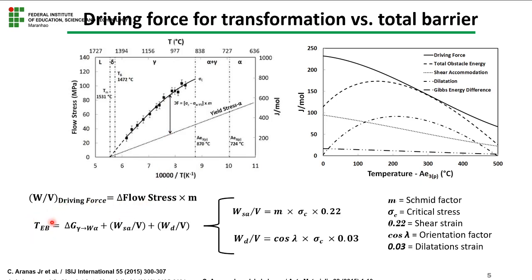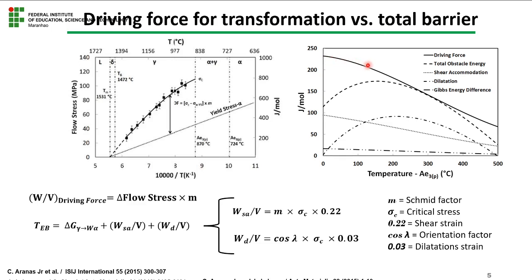As you can see, the total energy barrier includes the Gibbs energy difference between austenite and ferrite, also the shear accommodation, and the work of dilatation in terms of the volume. This was calculated with these formulas, where all the parameters are here, and we also have these references. The driving force was calculated for the most oriented grains. We took these oriented grains as a 0.5 Schmid factor value.